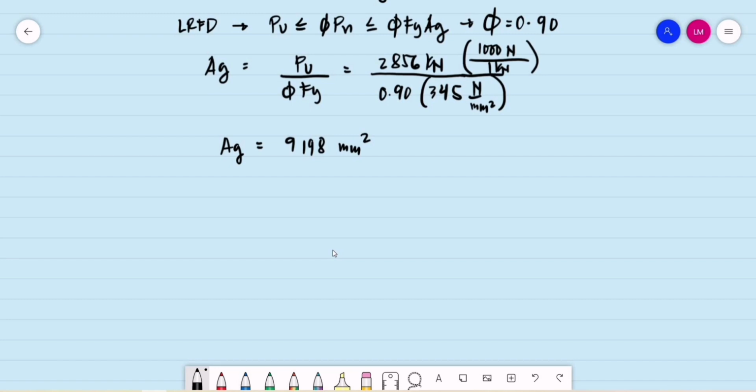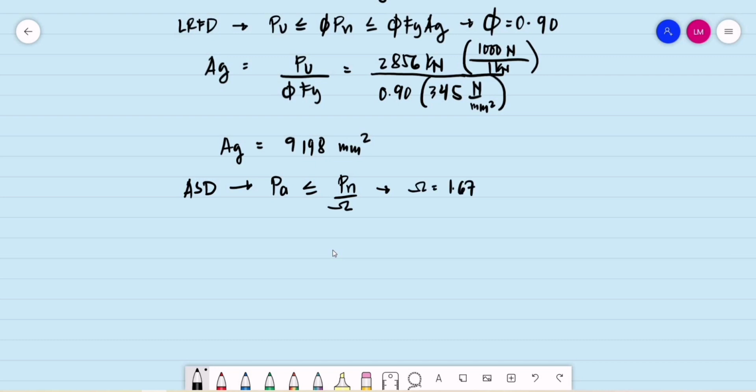Then for the ASD, we have Pa, the allowable force, which should be less than or equal to Pn divided by Ω. For tension members, the value of Ω, the factor of safety, is equal to 1.67.